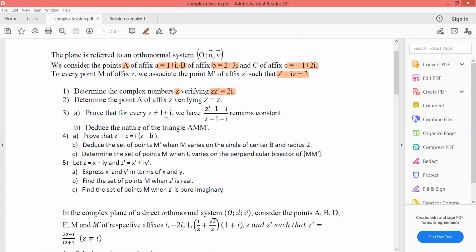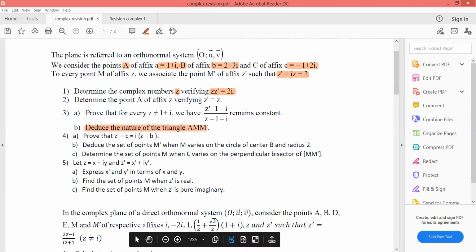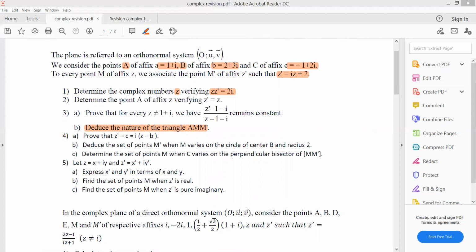Okay. Now here, deduce the nature of triangle AMM prime. How to deduce the nature of triangle AMM prime? Because it says deduce, we take from the previous question. Z prime is zM prime.